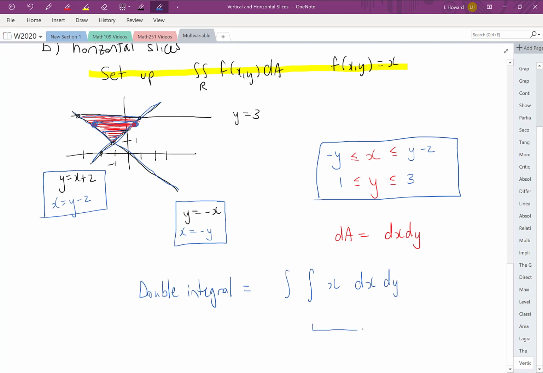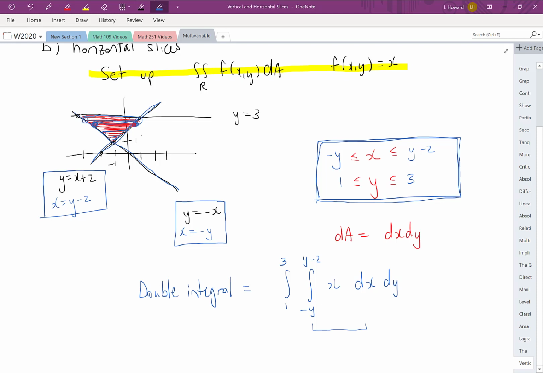The x values go on the inside integral, and the y values go on the outside integral. Then we look up at this box to figure out what our x and y values were. x was ranging from minus y to y minus 2, and y is ranging from 1 to 3. That gives us our limits of integration.